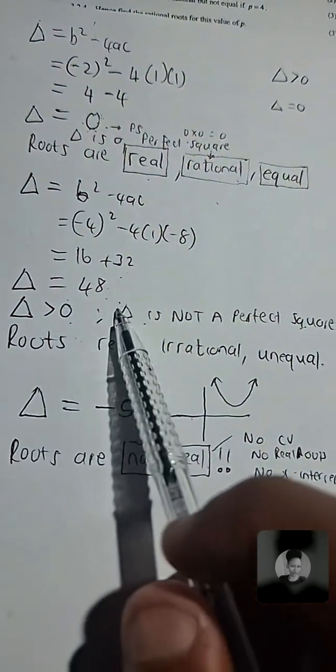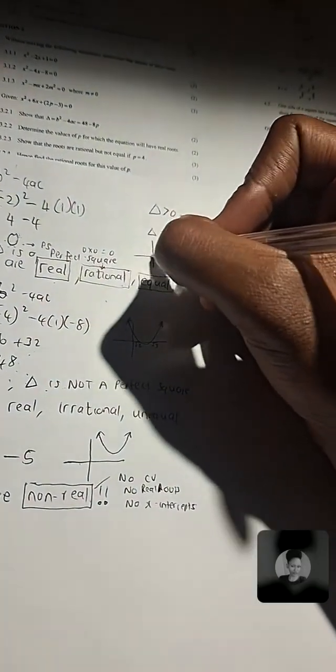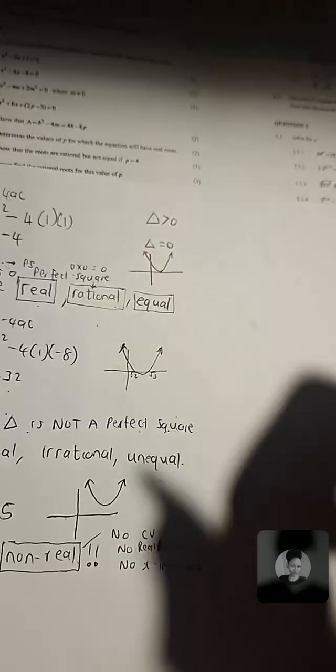For delta is equal to 48, where you are saying the roots are irrational, this would be a typical example of a graph that shows irrational and unequal roots. Those roots would be irrational, literal x-intercepts that are irrational numbers. And then lastly, for equal roots, if delta is equal to 0, a typical example would be a parabola that has a turning point on the x-axis.